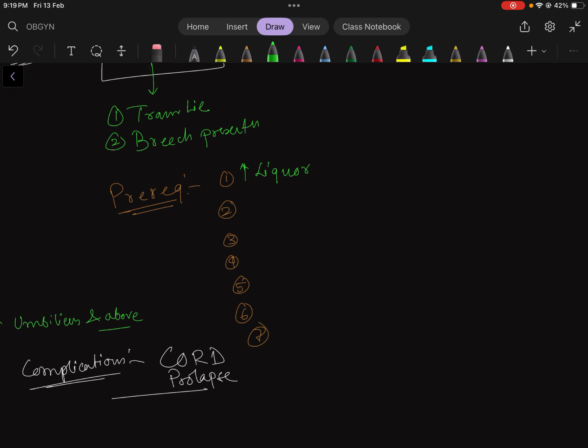Then it should be at term, because if it fails, we can directly go for a cesarean section, so the baby should be mature. Then the membranes should be intact, up to the latent phase of labor.